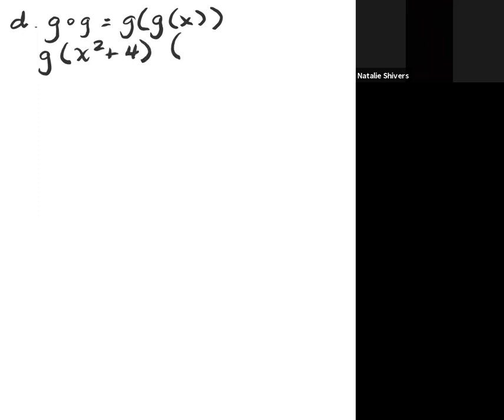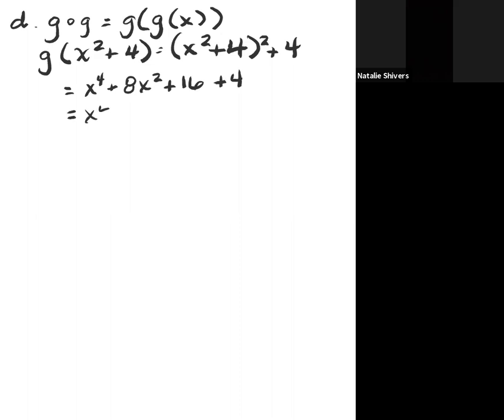So I get x squared plus 4 squared plus 4. Well, I just squared out x squared plus 4 squared. You saw that. And I got x to the 4th plus 8x squared plus 16. But I also have this plus 4 on the back. So it's going to simplify to x to the 4th plus 8x squared plus 20.